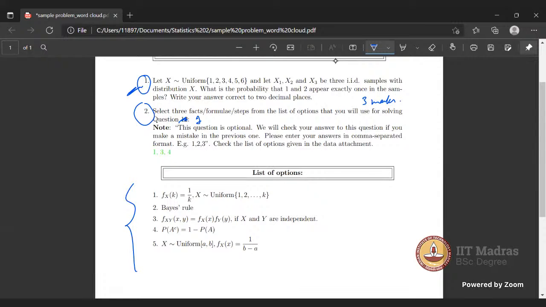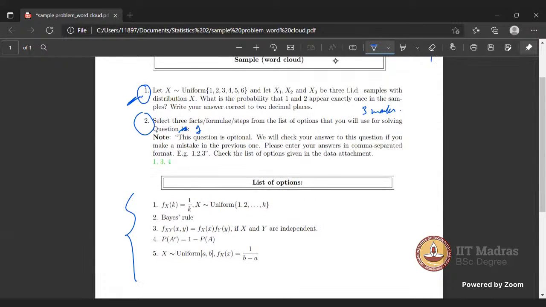In the first problem it says x is uniform in 1, 2, 3, 4, 5, 6. It is a discrete distribution, and x1, x2, x3 are 3 iid samples with distribution x. Now what is the probability that 1 and 2 appear exactly once in the sample?